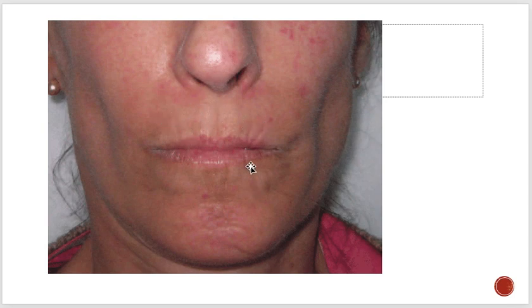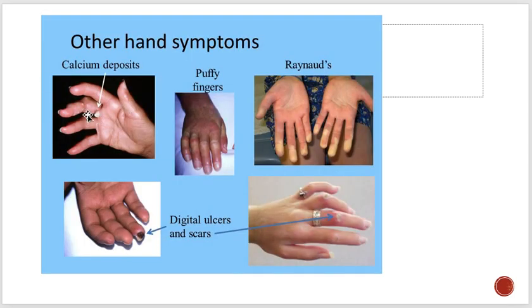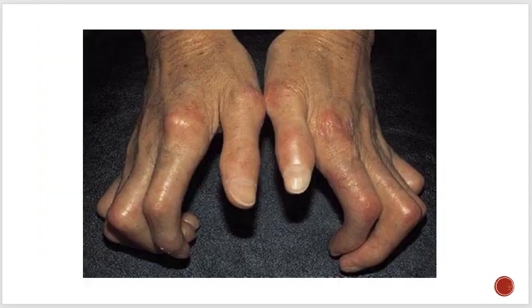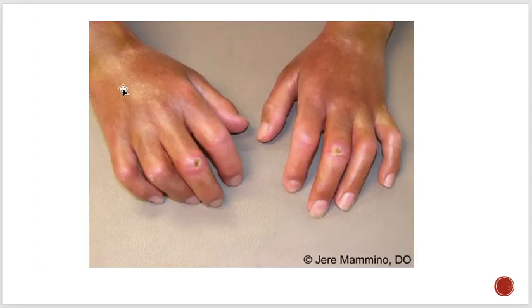You can see this one, this one, this one. And also they have calcinosis, so we can find calcium deposits over here, and with ulceration, you can see the ulceration over here.